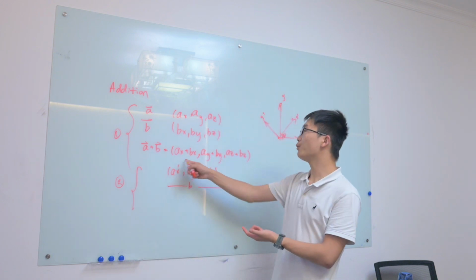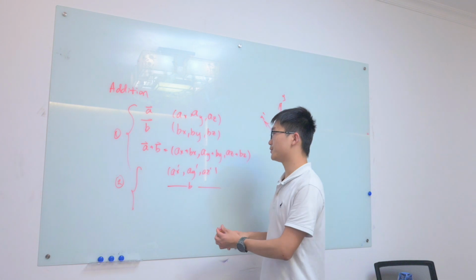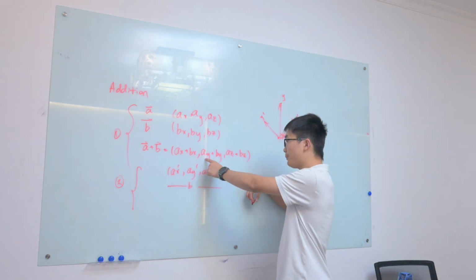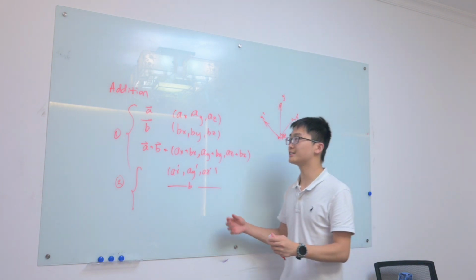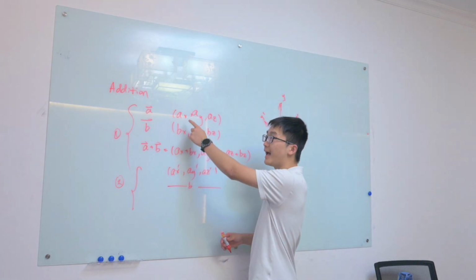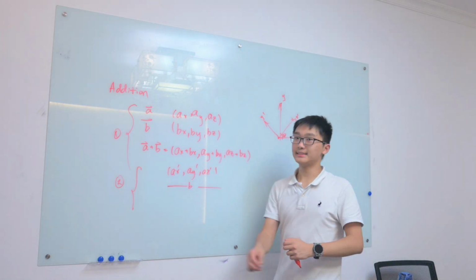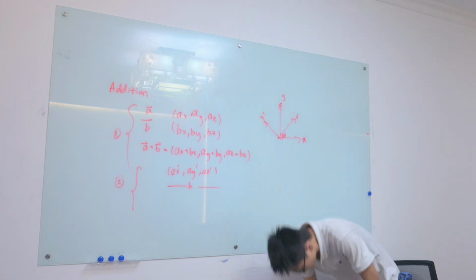So, how will this thing change? If this thing changes into ax prime plus bx prime, ay prime plus by prime, and az prime plus bz prime, then it means that the addition of vectors is just by adding the components in the x and y directions, and also the z direction, of course.